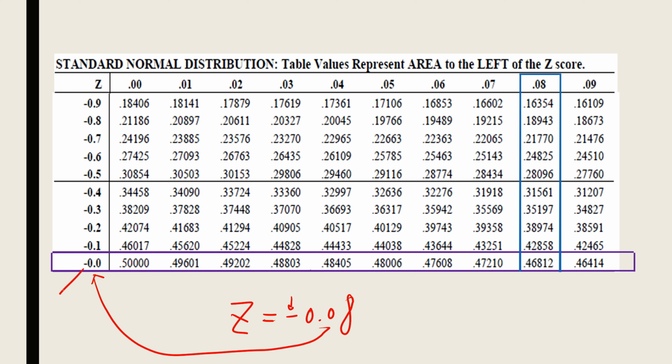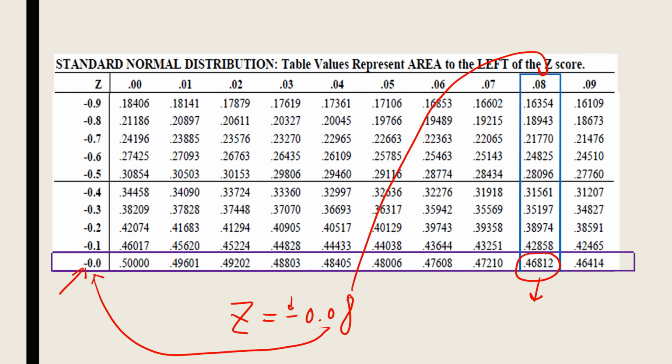In your exam, I may provide you a complete normal table, including the positive values and negative values. Remember that you don't want to look at the wrong table. Then you need to find the second decimal place in the first row. So the corresponding area is this number.